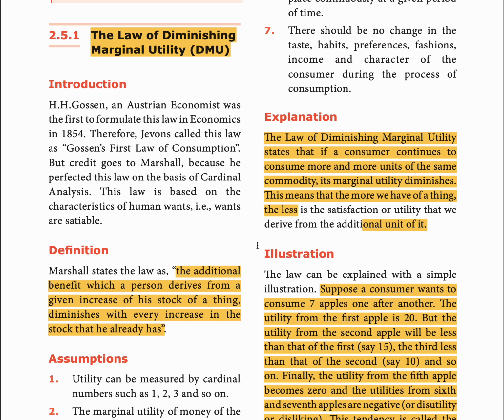So what this law says is, suppose a person has x amount of a particular stock. Suppose the stock of that thing increases, but the additional benefit which the person derives will diminish with the increase in the stock. Understand?